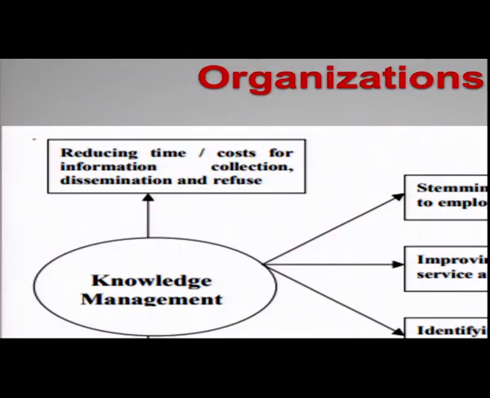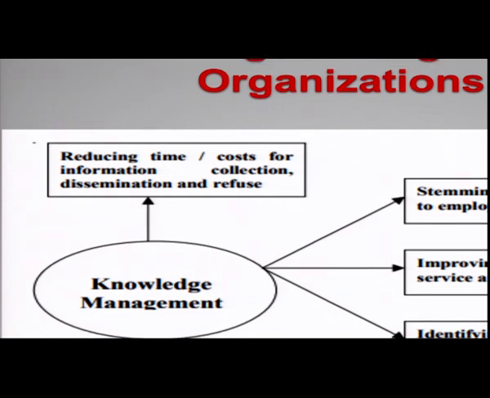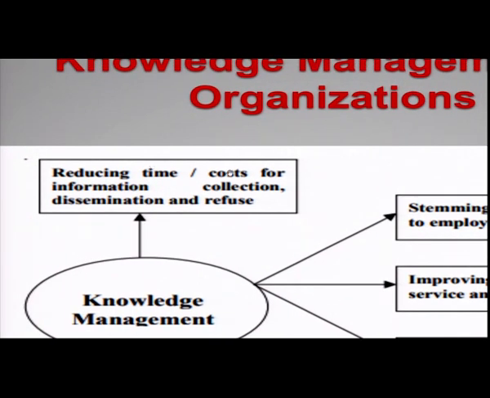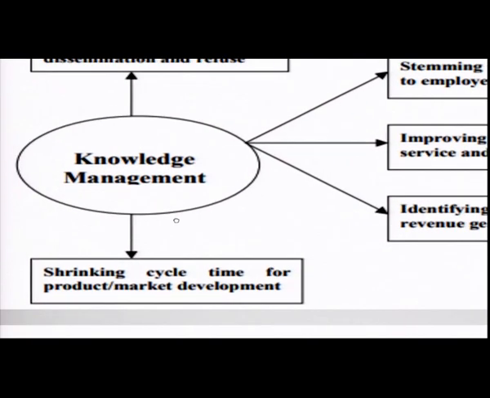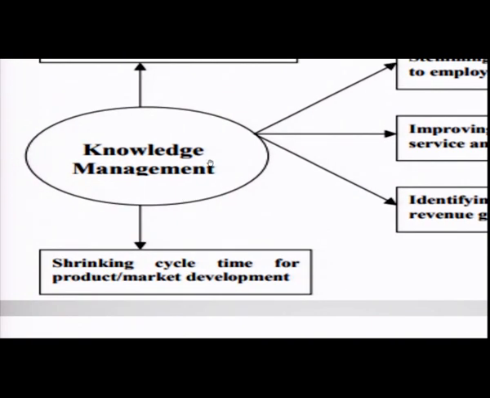When there is a huge change in the requirements, quite often we go into agile development. So, knowledge management works with reduced time and reduced cost for information collection, dissemination and reuse. Again, it is used for shrinking cycle time for product or market development.